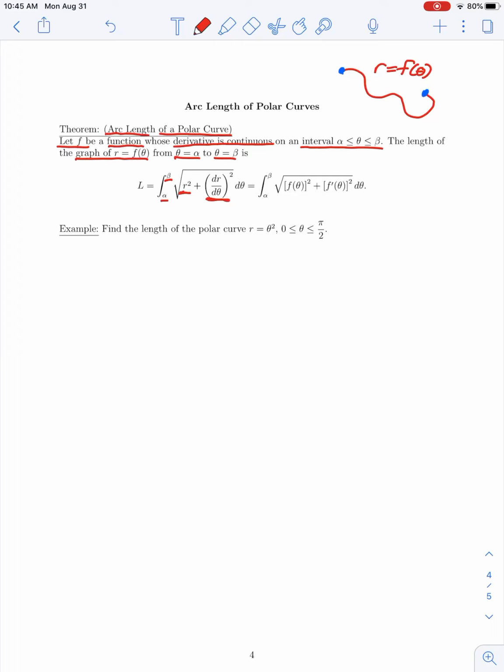Or since r was given by a function, we could also write this as the square root of that function squared plus the derivative of that function squared.